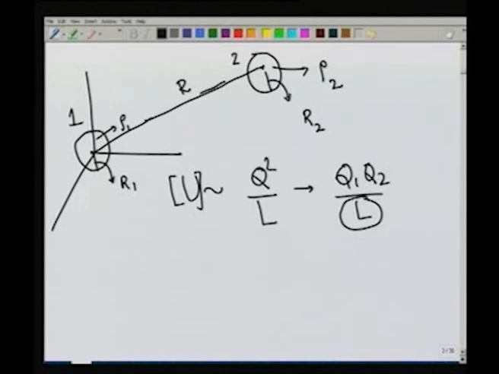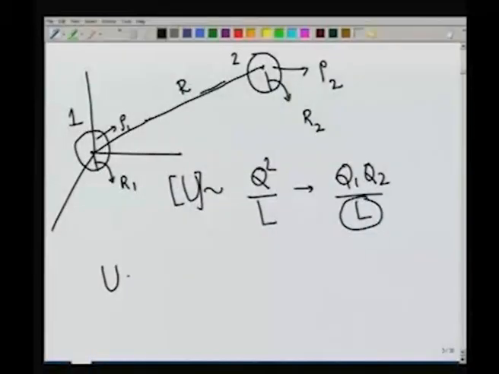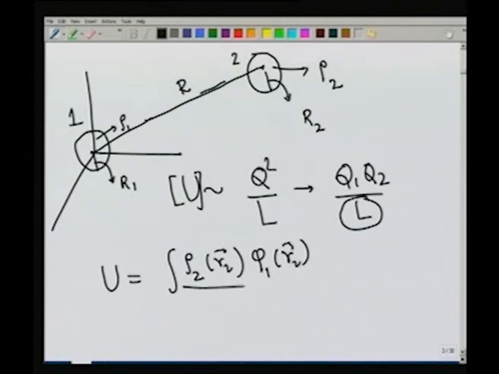However, a little bit of thought tells you that this problem is in fact very simple, except that in order to perform this integration, do not look at the field, do not look at the charge densities, but write the expression: my U is simply given by integral rho 2 of R2, then phi 1 of R2 divided by mod R1 minus R2, d cubed R2.